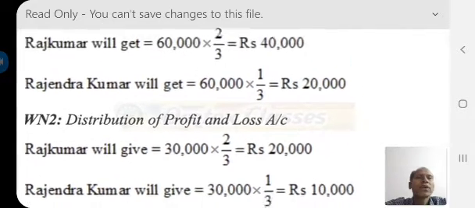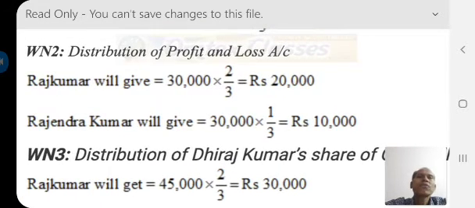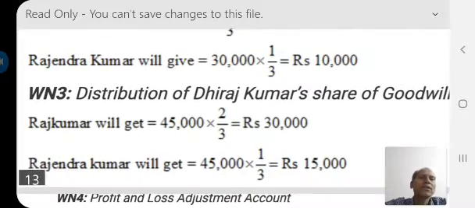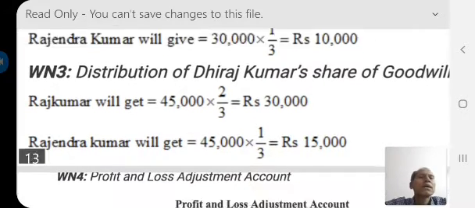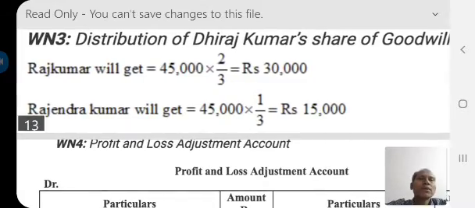Now, it's okay. Another one is distribution of profit and loss. So this is a loss, 30,000. It is also shared, 20,000 and 10,000. Goodwill also, 45,000 is brought.